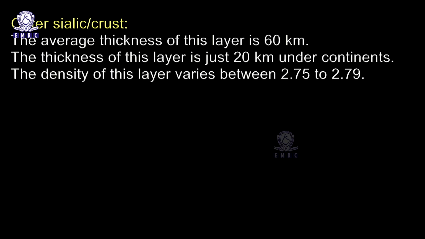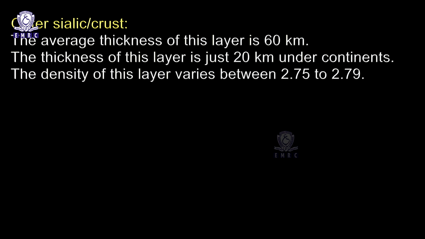Van der Gracht has identified 4 layers based on the composition of the interior of the earth. The outer Sialic crust: the average thickness of this layer is 60 kilometers. The thickness of this layer is just 20 kilometers under continents.